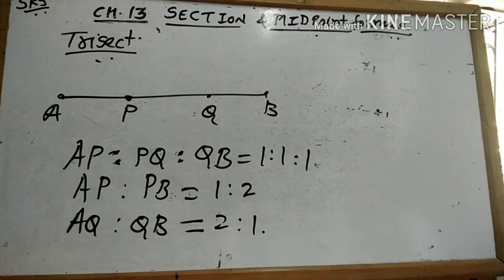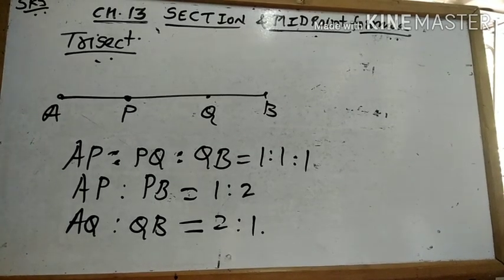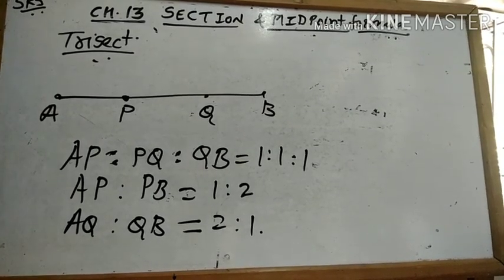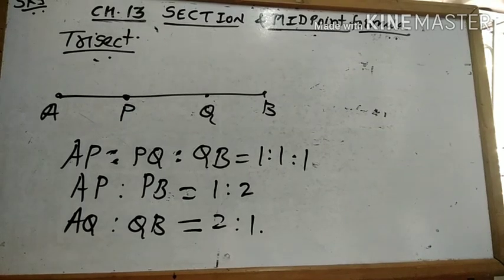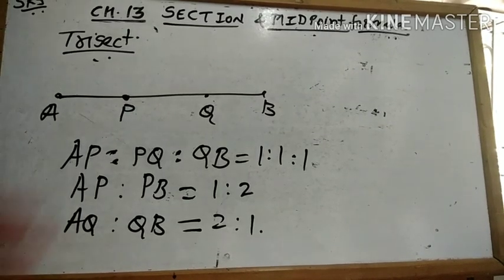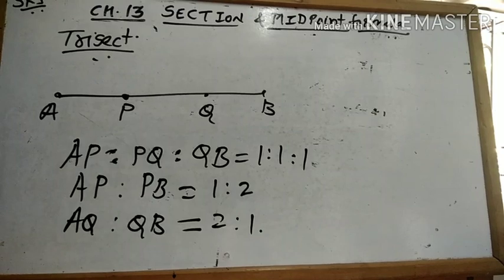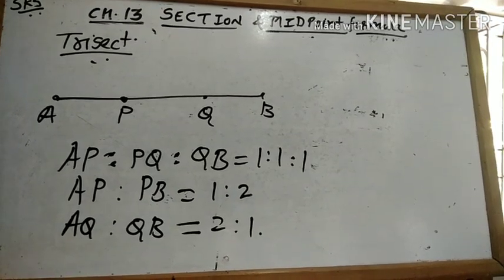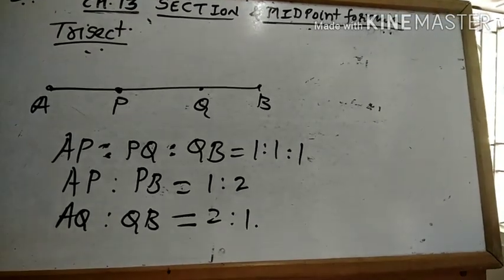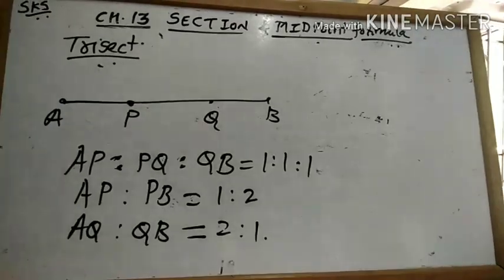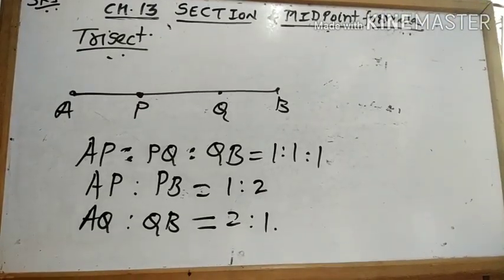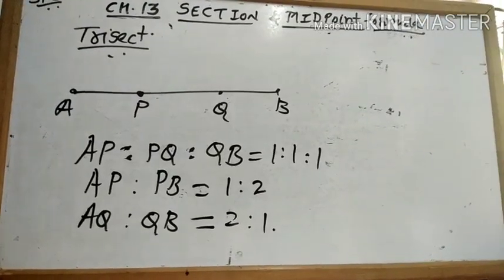So that is the meaning of trisection. Whenever they say a segment is trisected, there will be 2 points, and you can solve whatever question arises if you know the section formula. Remember, trisection requires 2 points that divide the given segment into 3 equal parts.